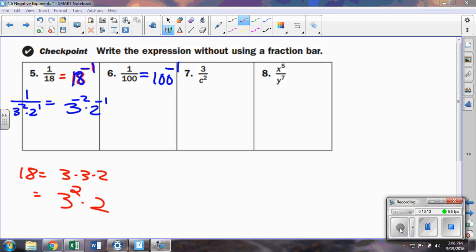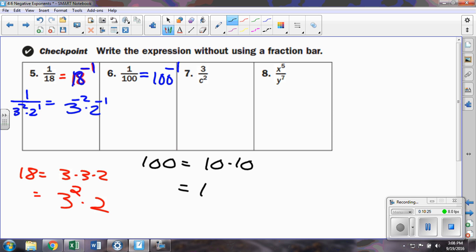One of the things that you should observe, 100, because it has 2 zeros, we could actually write that as 10 times 10. So because it has 2 zeros, it's actually 10 squared. This is a problem that you should recognize as 1 over 10 squared. And then when you rewrite it, this should be 10 to the negative 2.